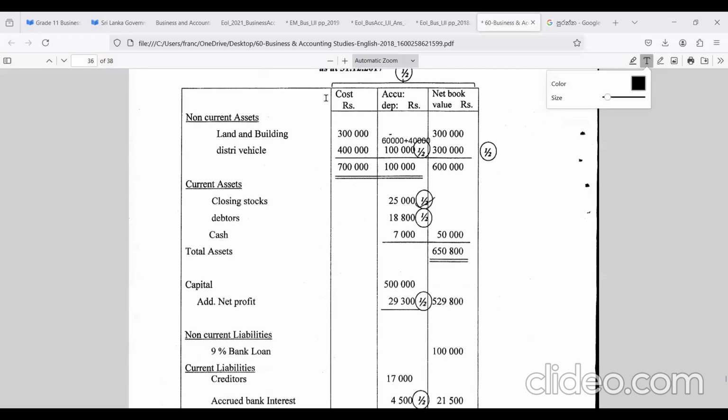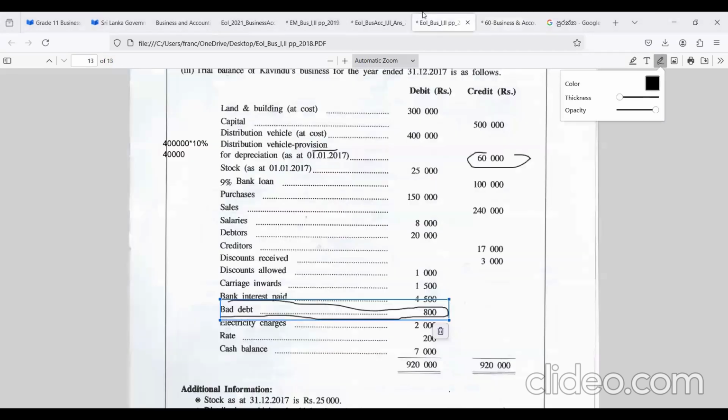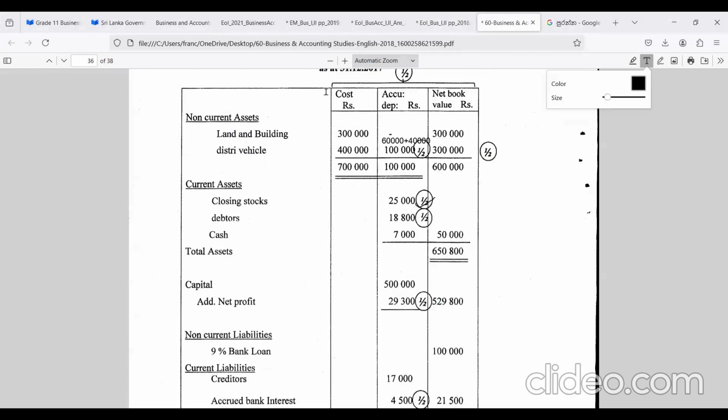So look here, in my trial balance, trade debtors is 20,000. From that 20,000, I should deduct the adjustment value 1,200. I am getting 18,800, right?